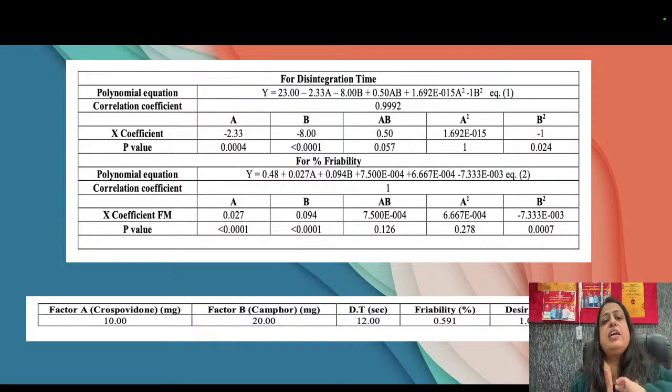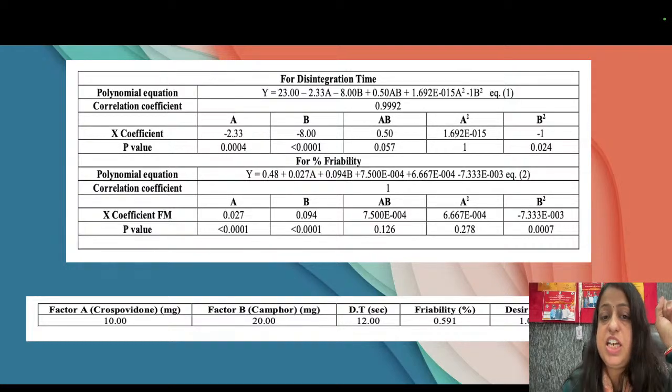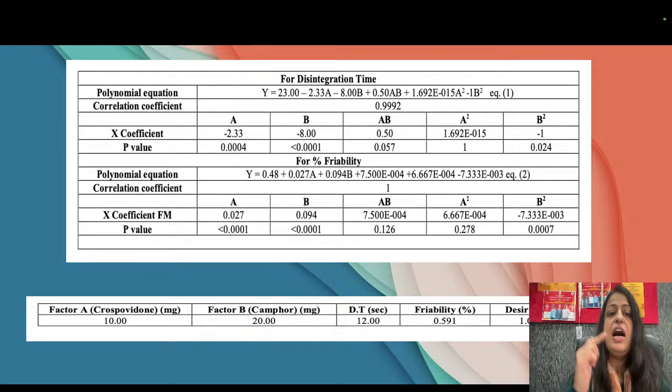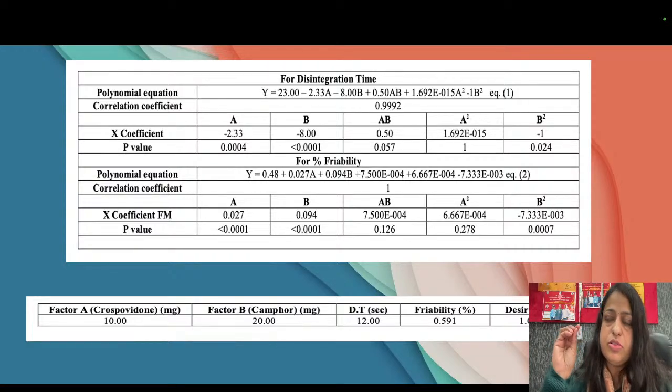Because as I told you earlier, if I am going for a mouth dissolving type formulation, then its DT should be less, the time taken by the tablet to disintegrate should be less. And the second one is that percent friability should be good, because when I am adding the super disintegrating agent and the subliming agent in the formulation, then as I told you, the flexibility of the matrix will be increased, the tablet becomes more porous, and there is a chance that its percent friability will be increased.